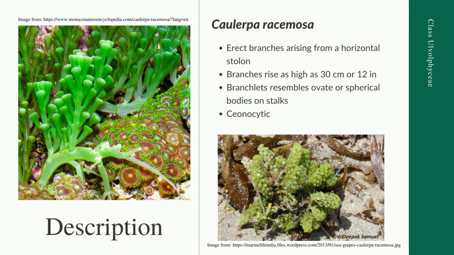The erect branches arise every few centimeters, reaching as high as 30 centimeters in height. A large number of branchlets resembling ovate or spherical bodies on stalks arise from each erect branch, giving it its name of sea grapes. Caulerpa is also coenocytic, meaning the plant is multinucleate and non-septate.